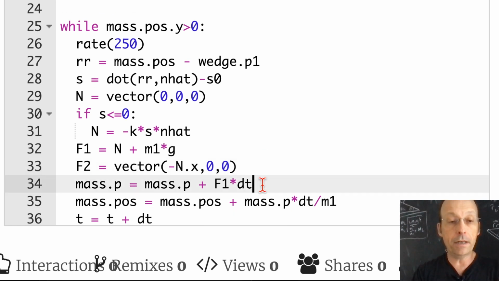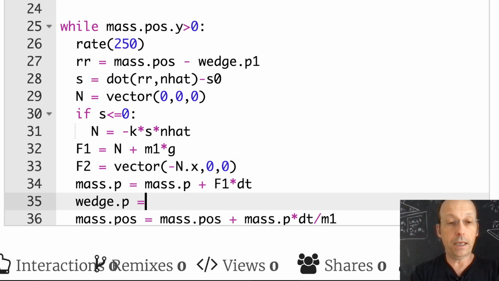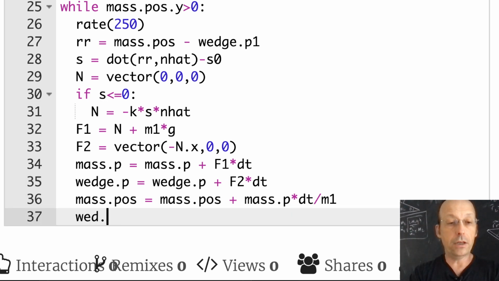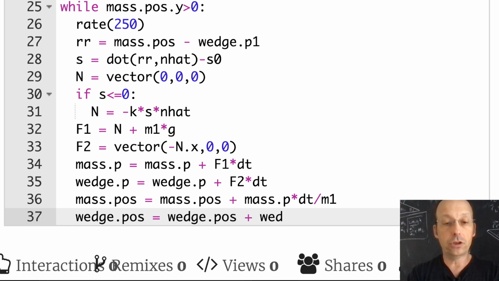Now I can update the momentum. Wedge.P equals wedge.P plus F2 times dt, and then I can update its position: wedge.POS equals wedge.POS plus wedge.P times dt divided by m2.